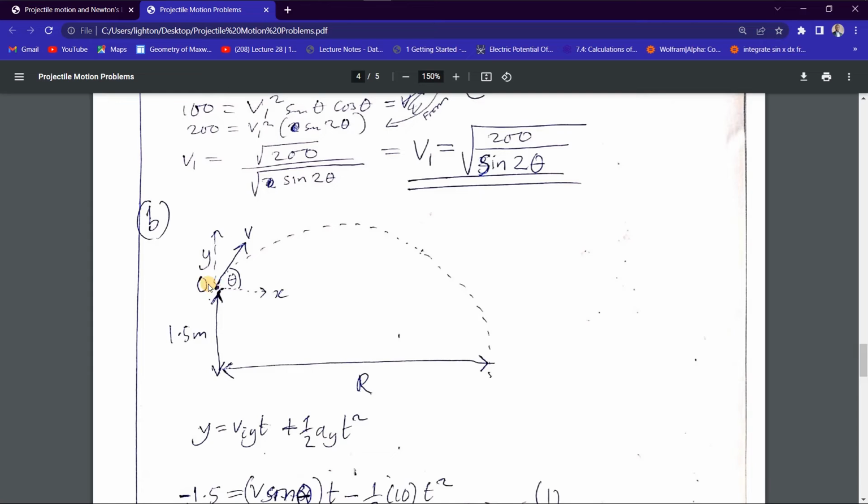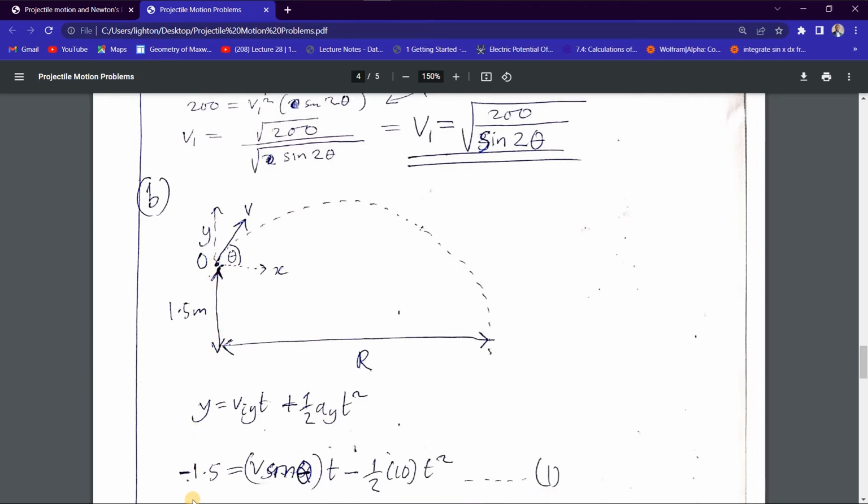The origin is somewhere in between, but our vertical displacement is below the origin, meaning that in our calculations we'll treat this 1.5 as a negative. It will have a negative since we've chosen up as positive. Okay, the origin is here, this is the starting point, and our height is below the starting point. That's why it is having a negative sign in the calculations.